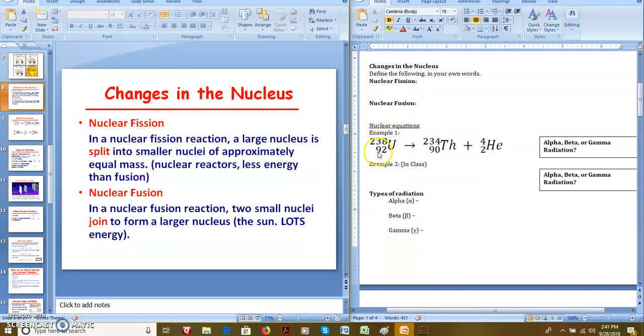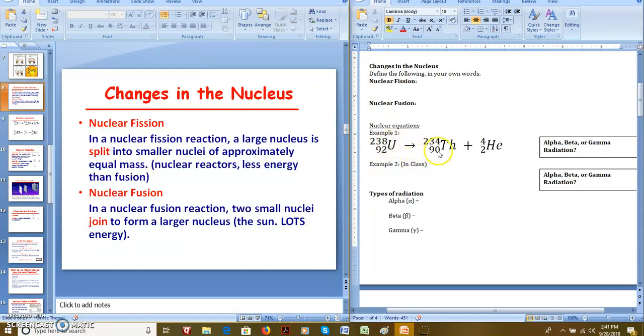And in a reaction, I cannot lose any protons or neutrons. We talked about the law of conservation of mass, and the law of conservation of mass includes protons, neutrons, electrons, all that good stuff. So on both sides of the equation, I need to have 92 protons. On both sides of the equation, I need to have a mass of 238.